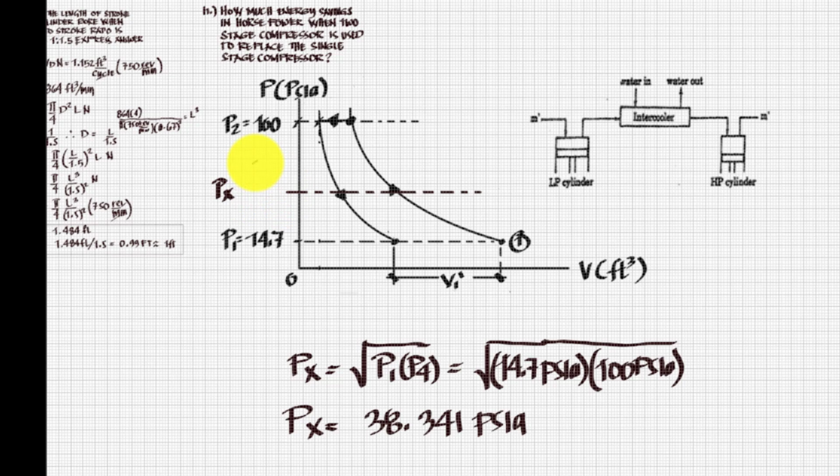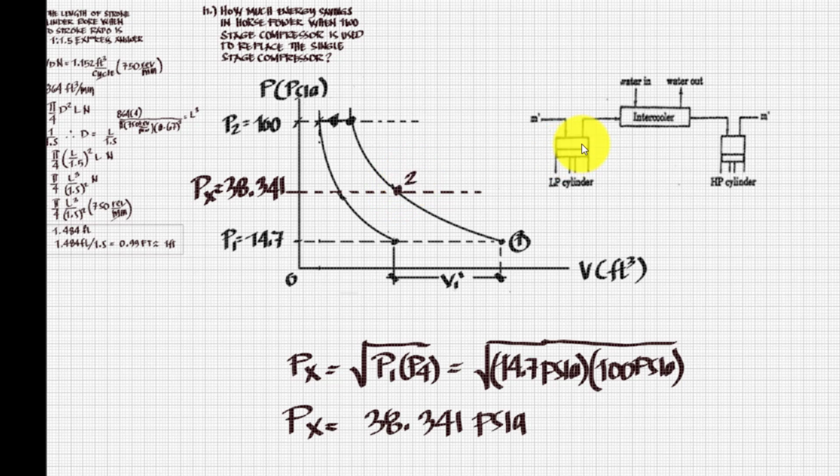So it is lower. Okay, so I can draw here the in-between. And this represents my P sub x, which is 38.341. Okay, so that represents my intermediate pressure in between the low stage compressor and the high stage compressor cylinder. Now, I'm going to write here, this will become my point 2. This is now our point 2.